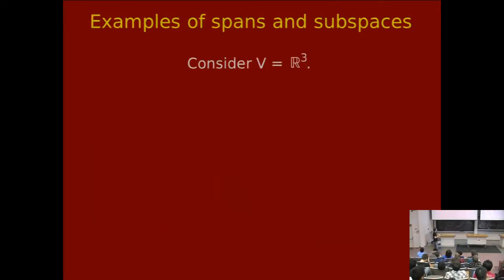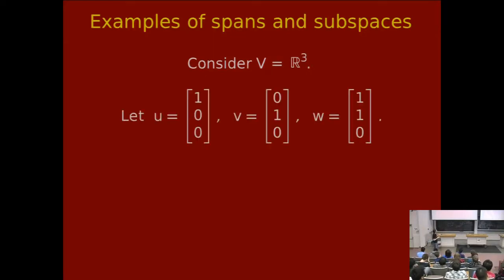Let me do an example that's more familiar geometrically, R^3. Let u, v, and w be these three vectors. What is the span of these three vectors? Can somebody describe the set of vectors that are spanned by these three?